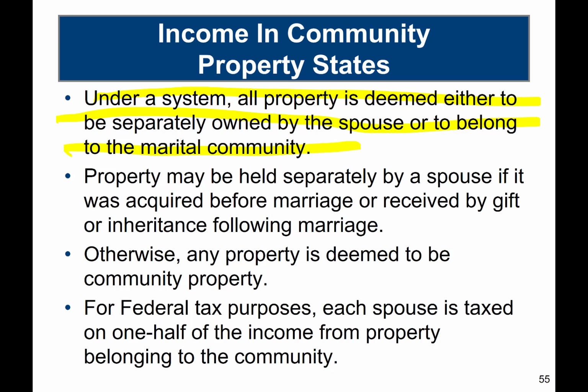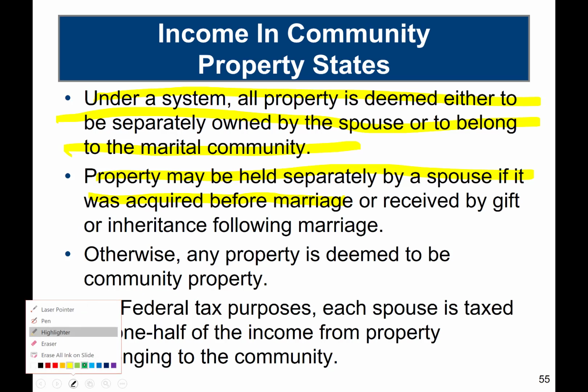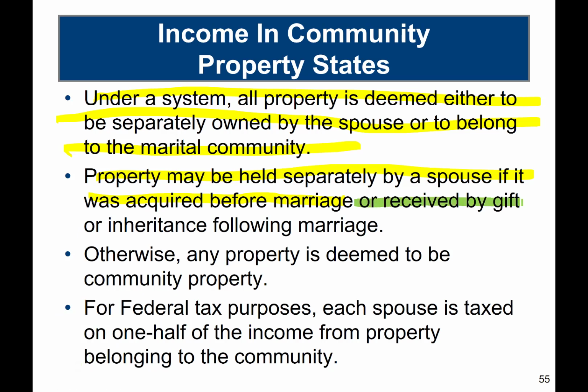So property may be held separately by a spouse if it was acquired before the marriage or received as a gift or inheritance following the marriage. So you can hold some property separate from your spouse if you had it separate before the marriage, or if they received that property through some sort of inheritance, even though you're already married, they could keep that separate.